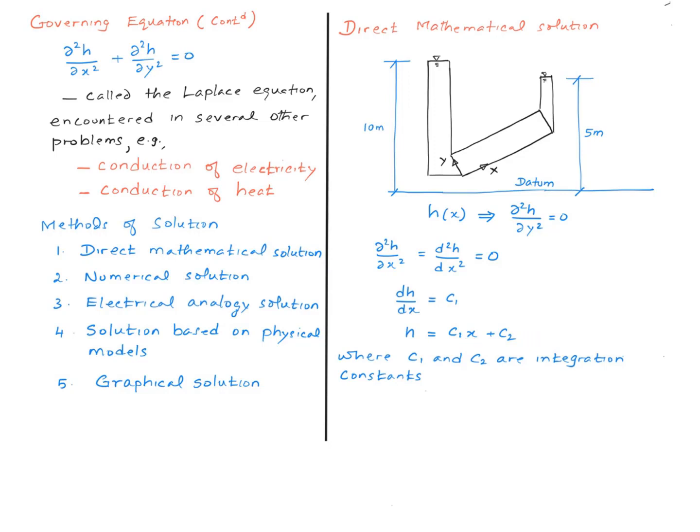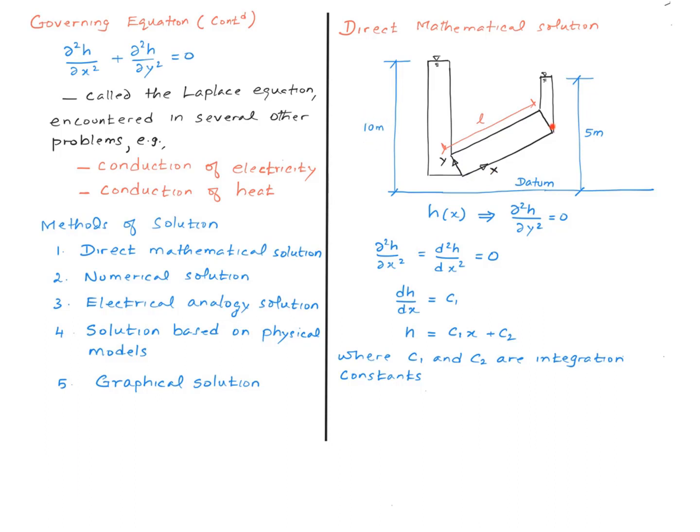In other words, total head varies linearly as you go from the left end to the right end of the tube, right? As long as the soil is homogeneous. Remember, this is what I pointed out earlier. Head varies linearly. Now we have a mathematical proof. We can find this integration constant C1 and C2 by applying the boundary conditions, which are at x equals 0, total head is 10 meters.